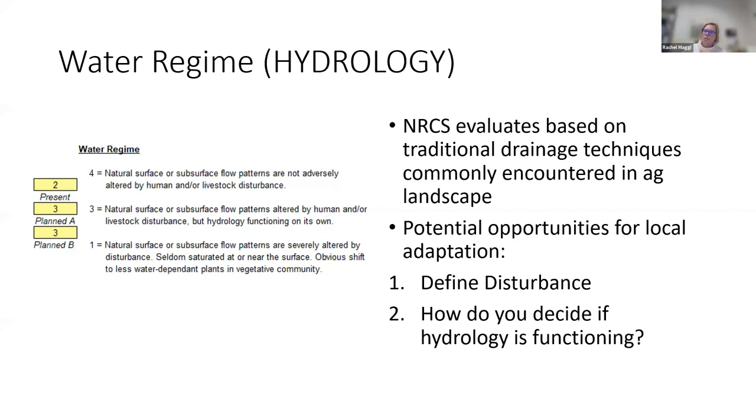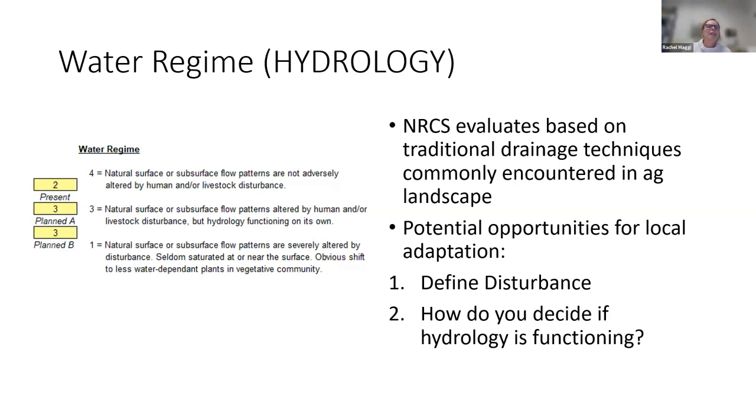So we're talking about surface ditches, water diversions, surface water withdrawals, drain tile here in Western Washington, very, very common, and berms that cut off wetlands from stream systems. Those are examples of hydrology alterations that we would be looking for.